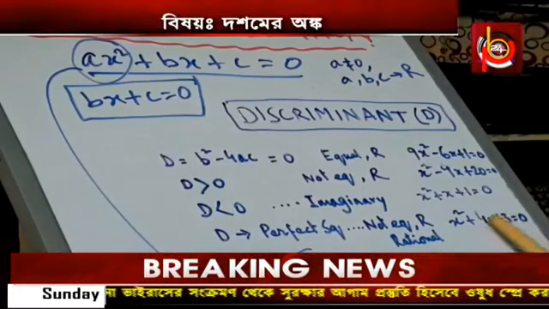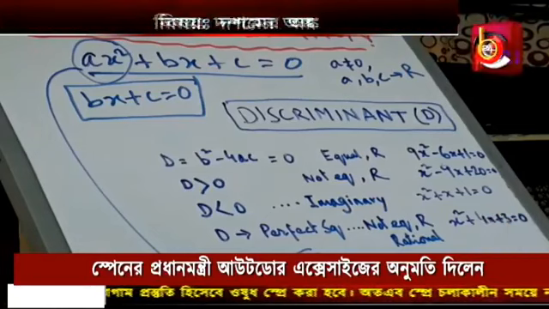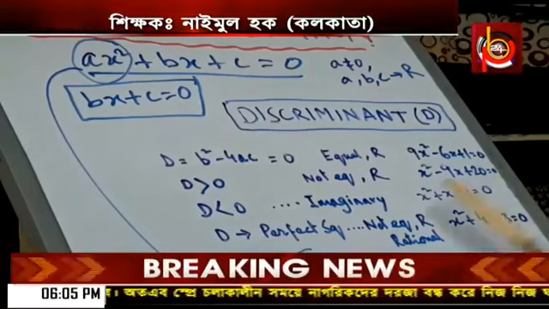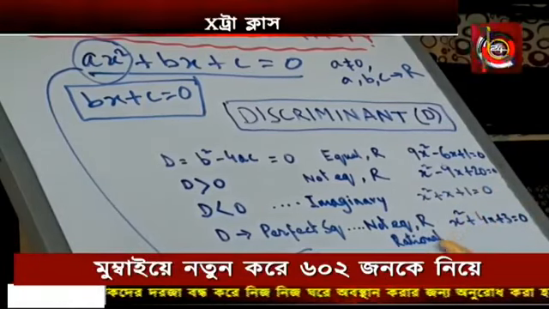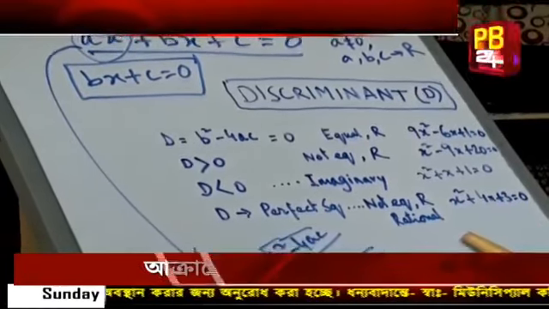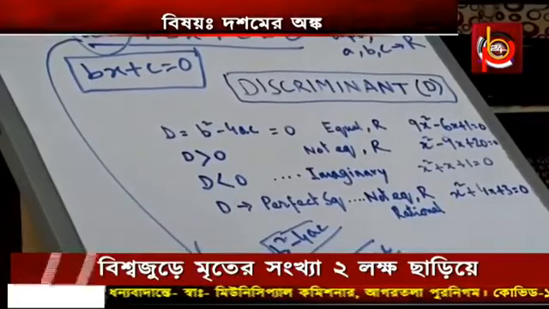When the discriminant of an equation is a perfect square, the roots will be unequal, meaning they are different, they are real numbers and they are rational numbers. This is all about the discriminant, that is, the nature of the roots.